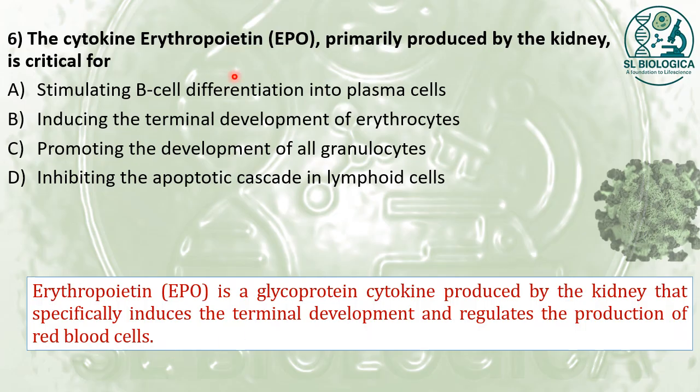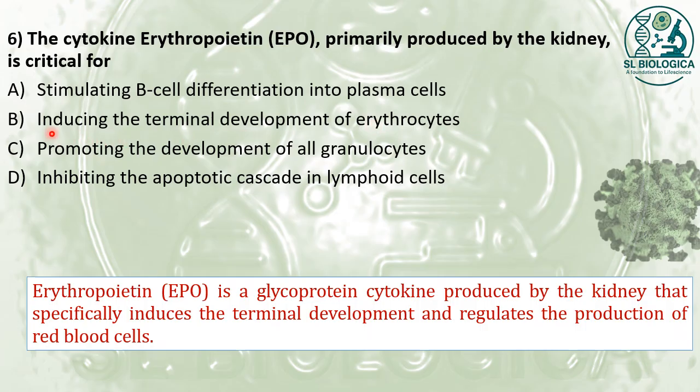Okay, now let's look back at the options available. Option A, stimulating B cell differentiation into plasma cells. It won't be the answer. Then option B is inducing the terminal development of erythrocytes. Yes, one of the functions of EPO is inducing the terminal development of erythrocytes.